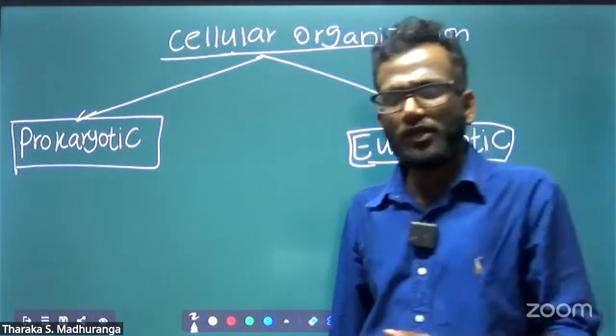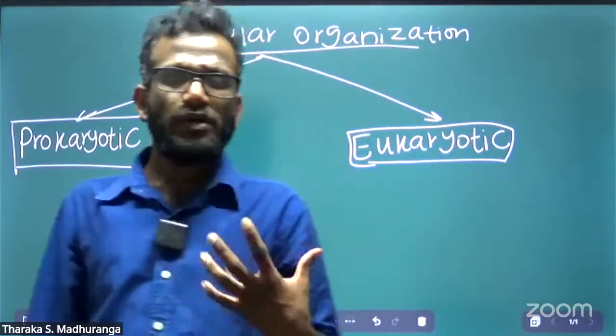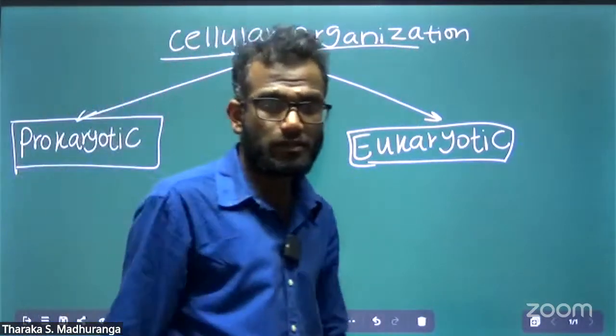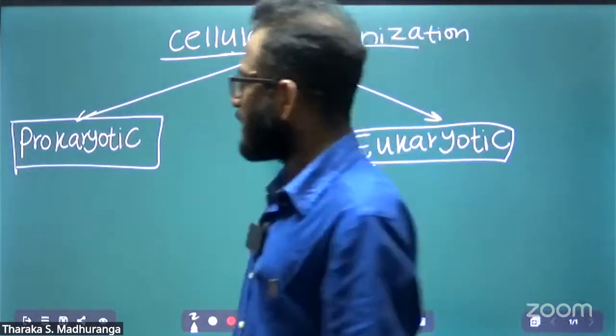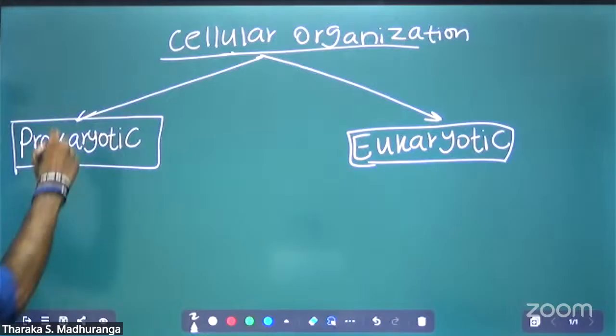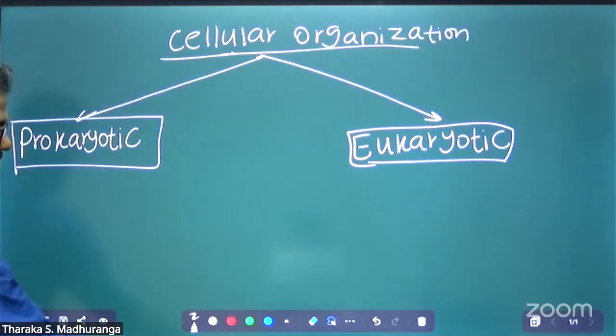The prokaryotic cell structure means they don't have an organized cell structure. That's the main characteristic.